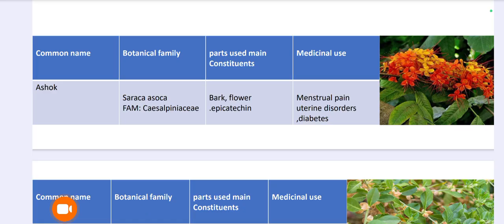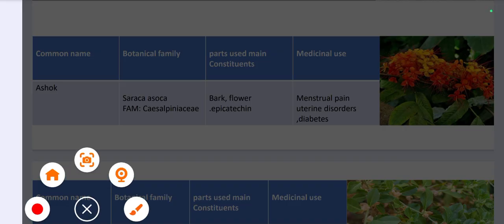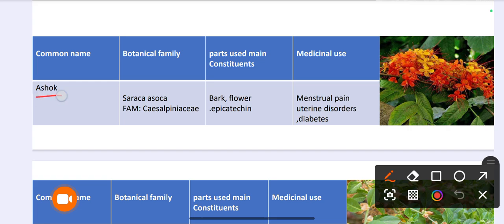Next one, the pharmacognostical drug Ashoka. What's the botanical family of Ashoka? Saraca asoca, and the family is Caesalpiniaceae. What parts are used and what are the main constituents in Ashoka?